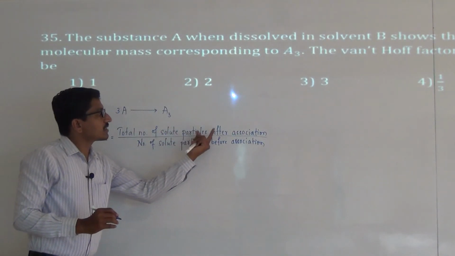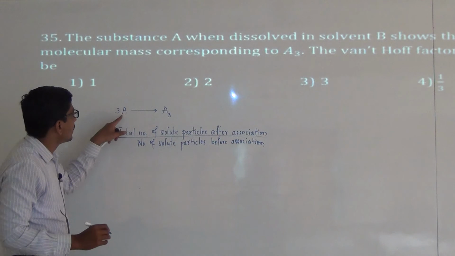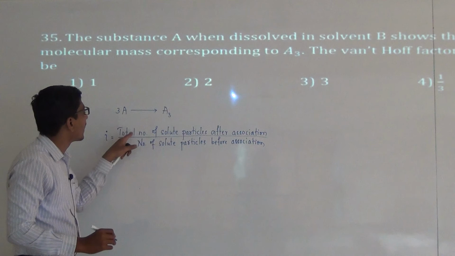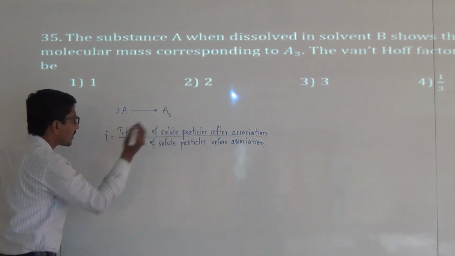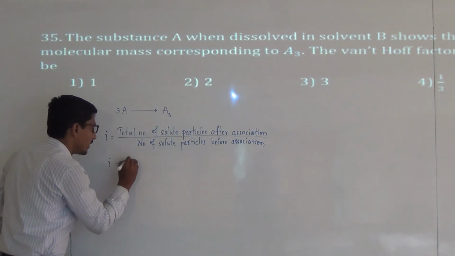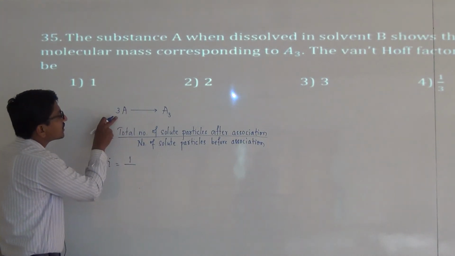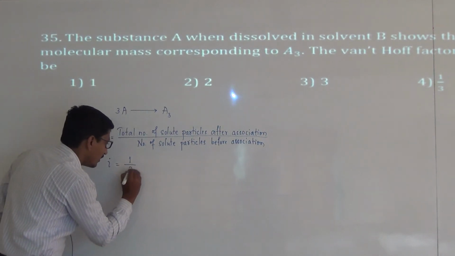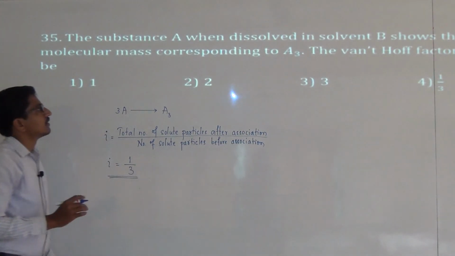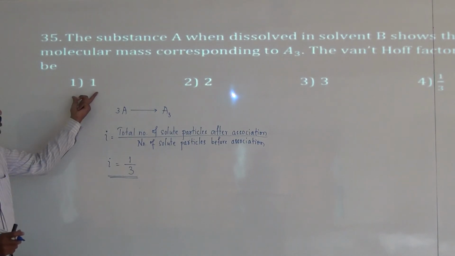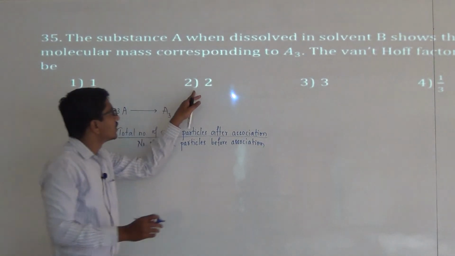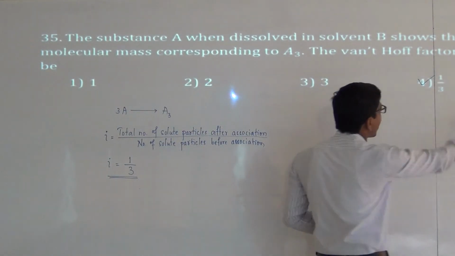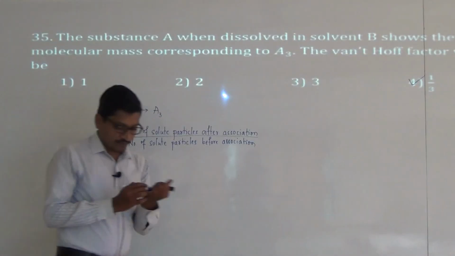Total number of solute particles after association, A3, means 3A are converted into A3, this one is a single entity, so the total number of solute particles after association is only 1, and before association there are 3 solute particles present in the solution, and the van't Hoff factor is 1 by 3. First option is 1, this one is wrong. Second one is 2, this is also wrong. Third one 3, this is also wrong. And fourth one 1 by 3, this is the right answer for this question.